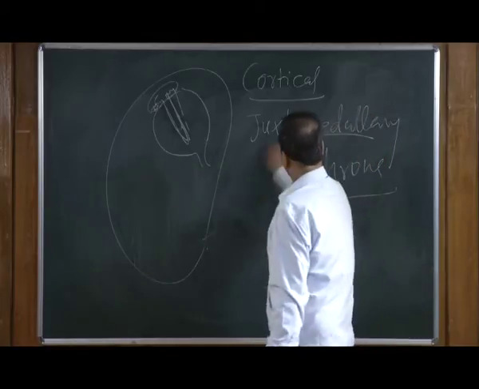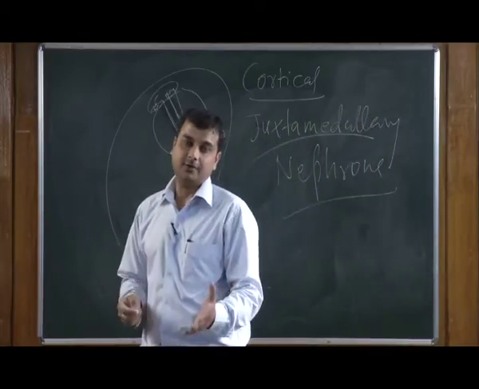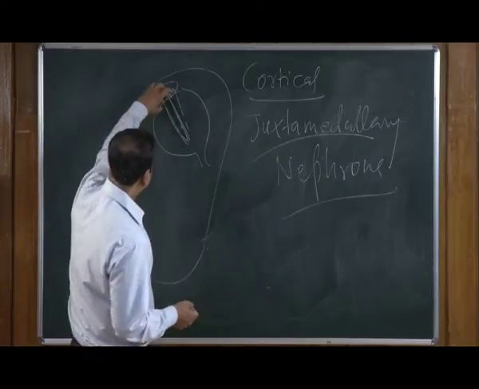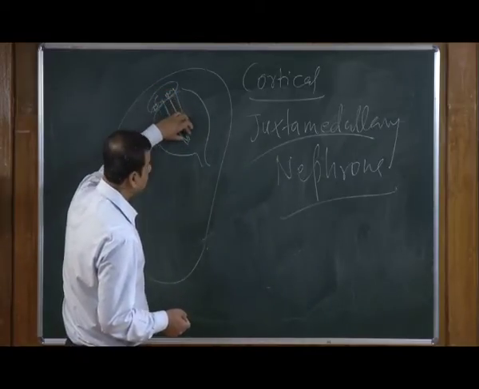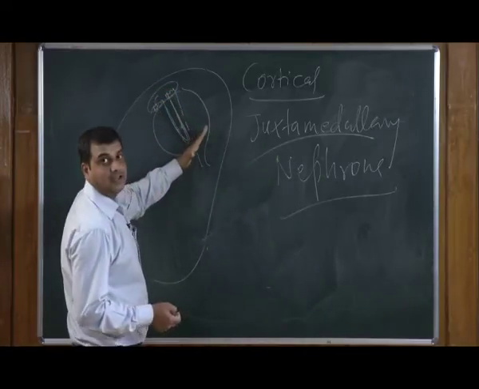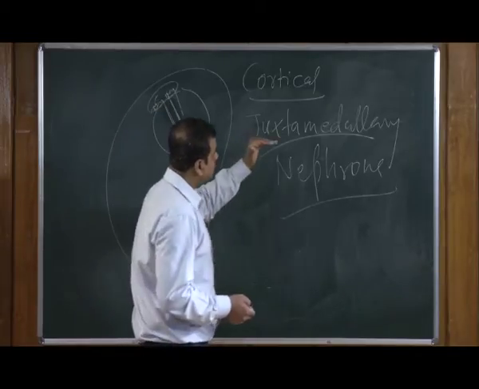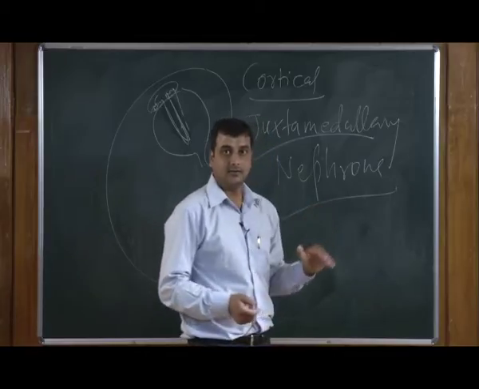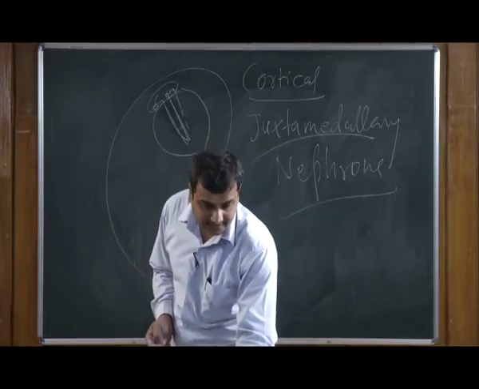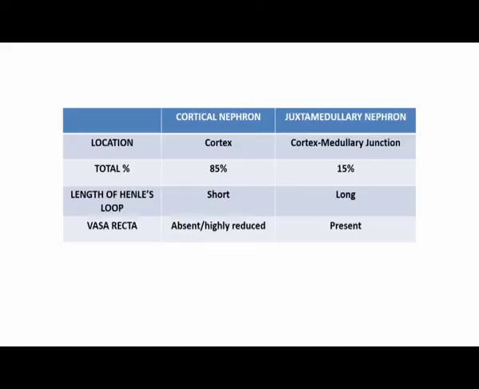These nephrons are the second type, where Henle's loop travels in the medullary area, the medulla region. That's why this is called a juxtamedullary nephron. Now in the next slide, we will see the differences between cortical nephrons and juxtamedullary nephrons. One is located in the cortex, the other is located at the corticomedullary junction.